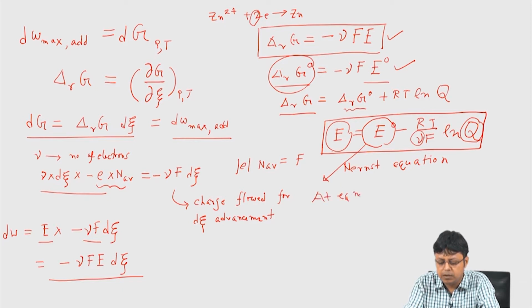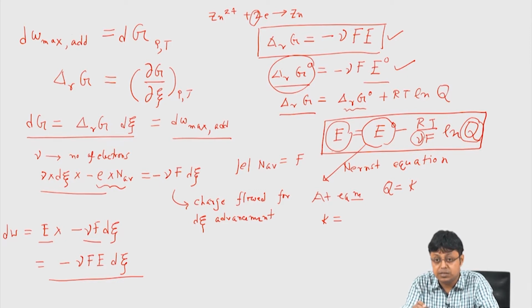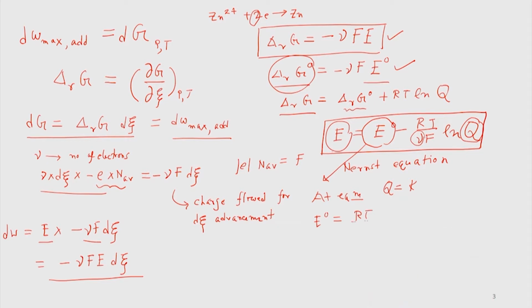You can easily argue that Q is nothing but K. So, in all these equations you can easily figure out that at equilibrium the left hand side should be 0, and then we have E0 is nothing but RT by nu F ln K. So, this equation suggests that you can actually calculate K from E0.